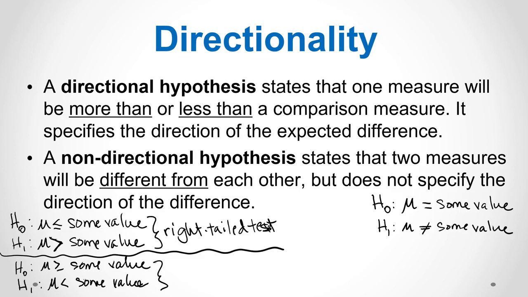And these are left-tailed tests. Notice again how both of these hypotheses include the full range of values that could occur. Also notice that the direction of the inequality sign in the alternative hypothesis points to the left for a left-tailed test.